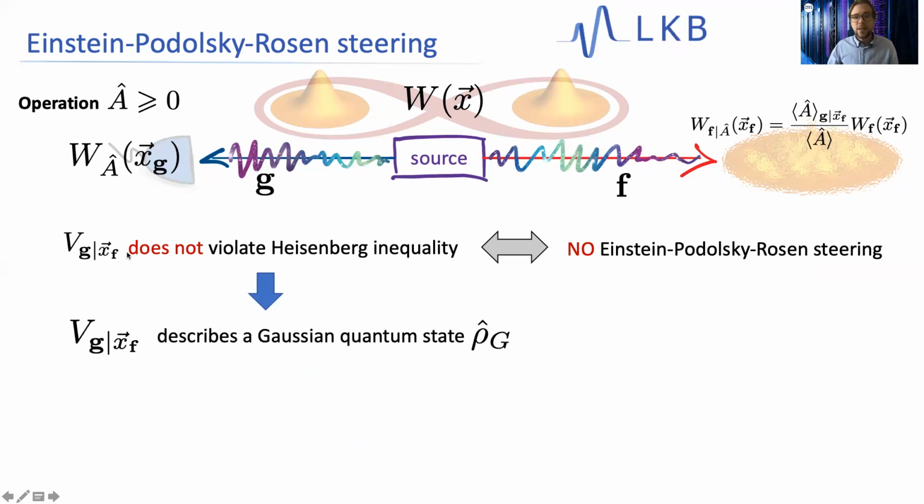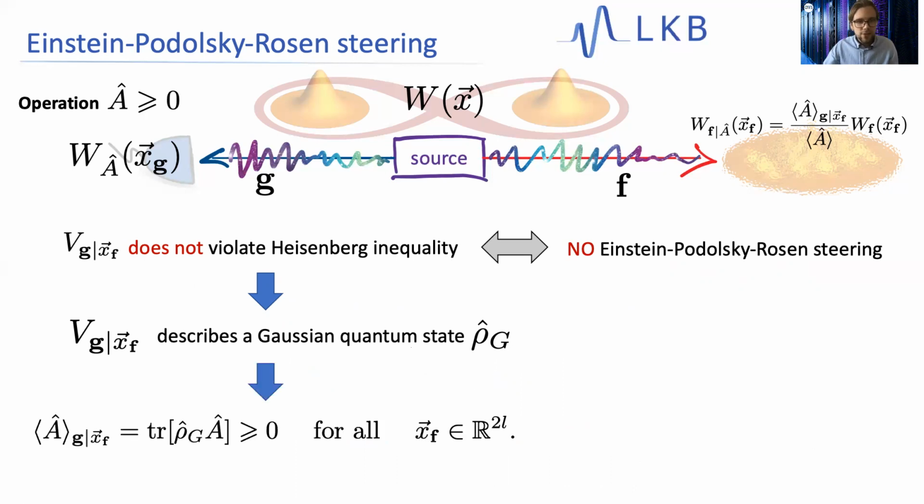So this means that this conditional probability distribution is a well-defined quantum state, and we can associate a well-defined quantum state, a Gaussian state, with this conditional probability distribution, such that this conditional expectation value of A will actually be the expectation value of A in this quantum state.